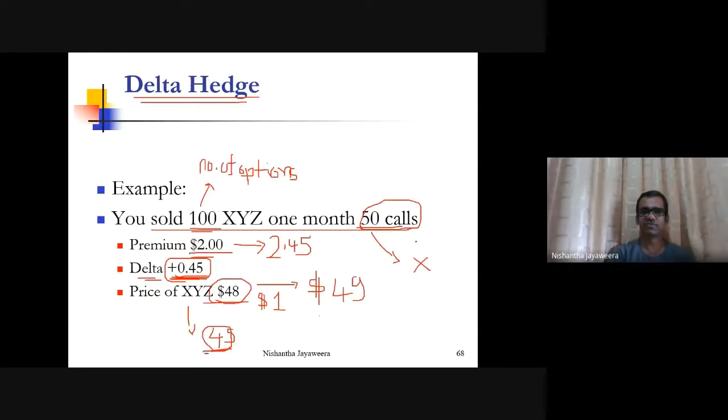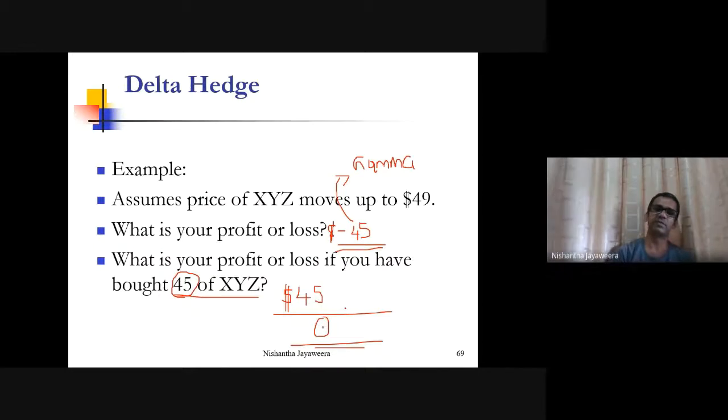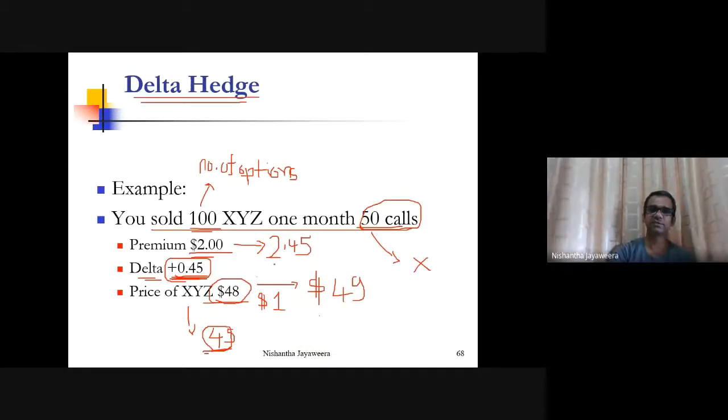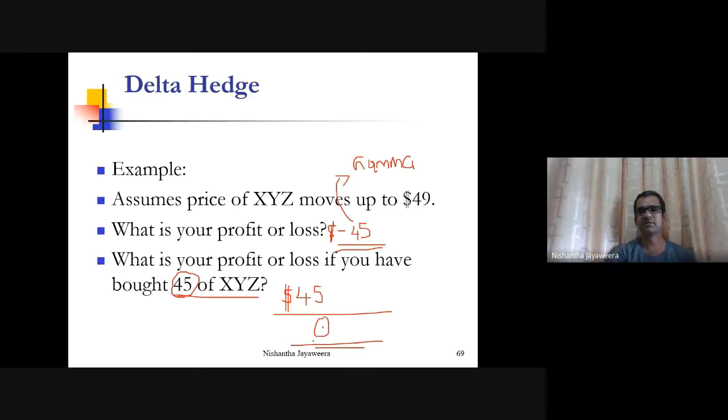So 48 to 49, it's 1 unit. Yeah, that's true. But continuously, when it comes to 48.1, 48.2, 48.5, likewise, the delta also changes. The premium may not be exactly 2.45. It can slightly deviate from this 2.45. Therefore, there can be a small profit or loss here.